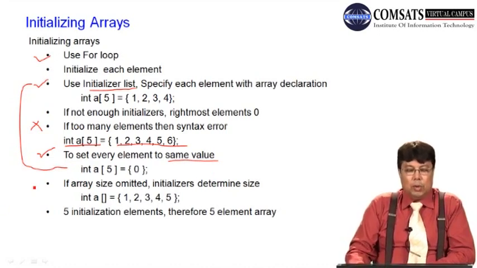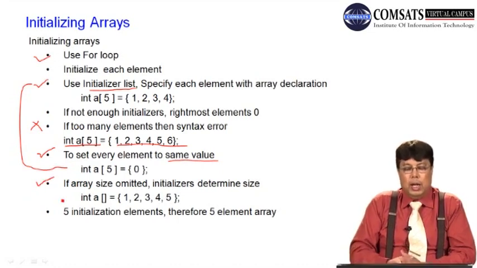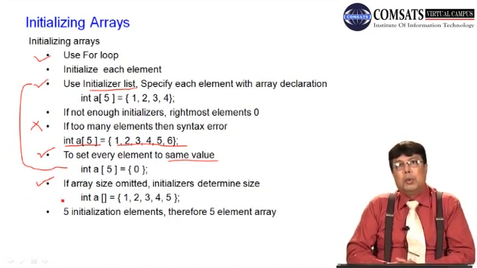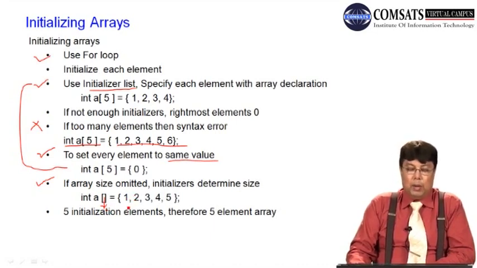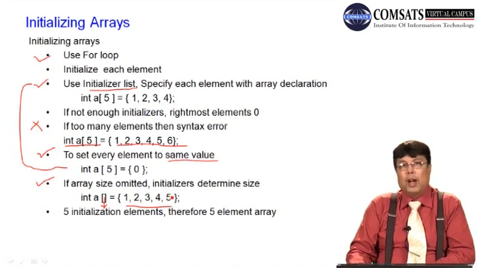Then we said there can be an implicit declaration in which the system automatically computes the size of the array. How does it do that? If we skip the size here and do not provide how many elements we need, but put the data, then the system automatically computes that you have initialized 5 elements.